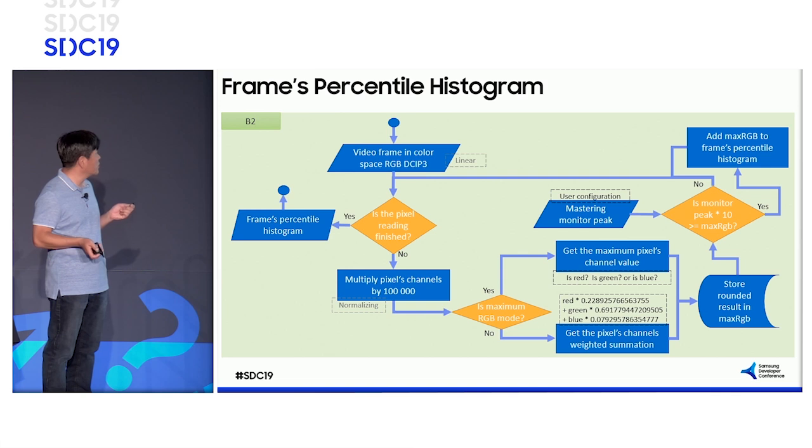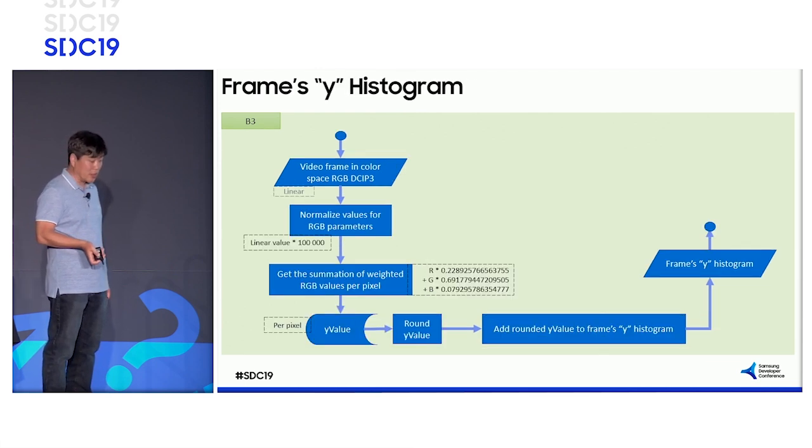I'm not sure whether you know about the concept of percentile, but if you do, you can easily understand this concept. A percentile is a certain point of the histogram, the accumulated information. This kind of information is used to generate the HDR10 plus OOTF guided curve, another metadata of the HDR10 plus.